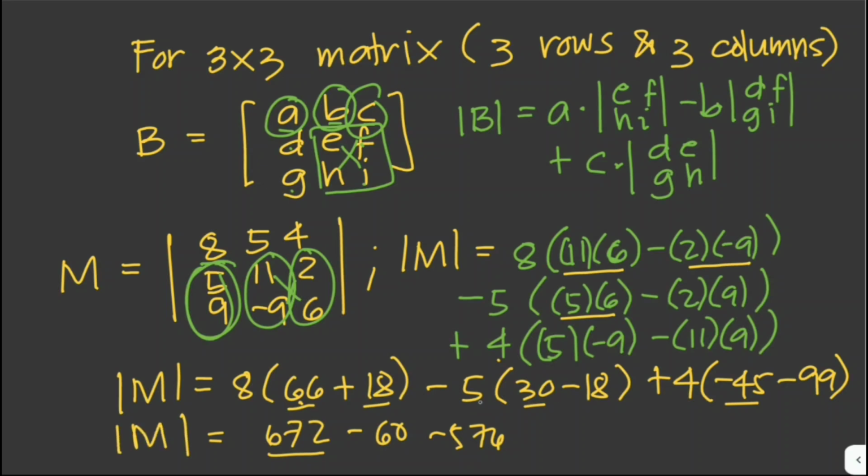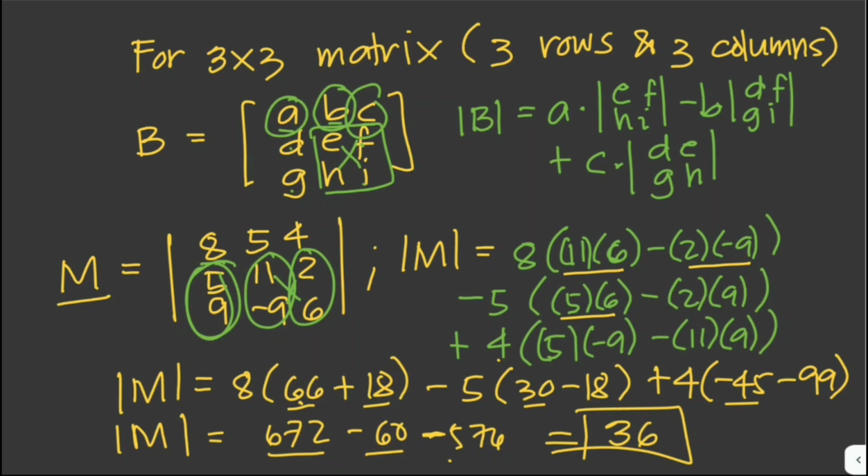Then negative 5 times 30 minus 18 would give us negative 60. And then 4 times negative 45 minus 99 would give us negative 576. So that would be 672 minus 60 minus 576, which gives us 36. Therefore, the determinant of this 3 by 3 matrix M is equal to 36.